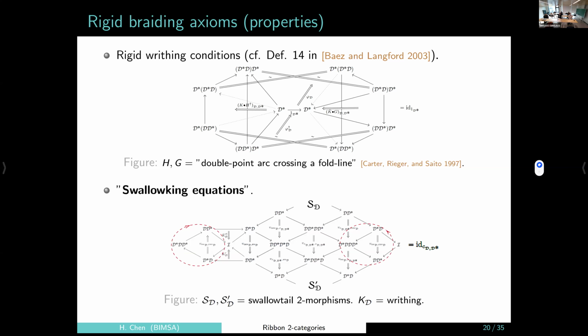And another thing that you can do is, remember the swallowtail equations. I don't have to impose the swallowtail equations that they are equal to 1. I don't have to impose that in general.